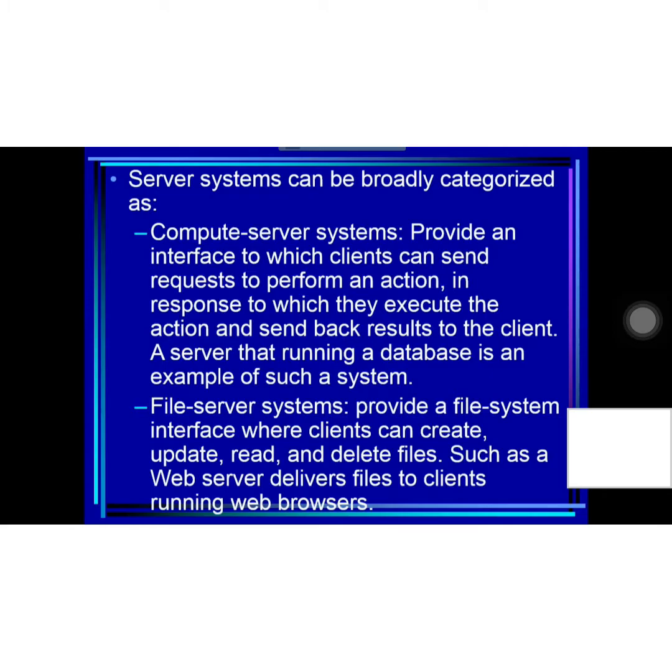A server running a database that responds to client requests for data is an example of such a system. A file server system provides a file-system interface where clients can create, update, read, and delete files. An example of such a system is a web server that delivers files to clients running web browsers.